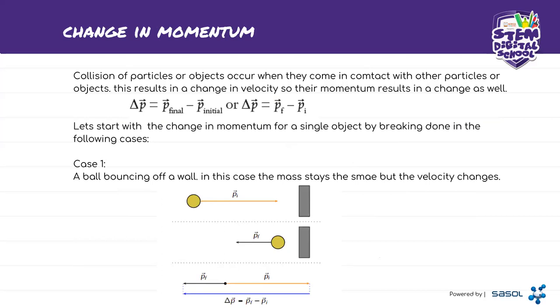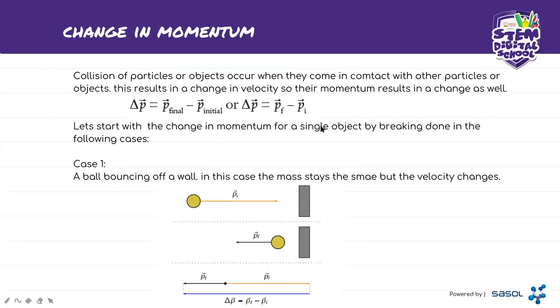So this is our equation for the change in momentum. The change in momentum is equal to the final momentum minus the initial momentum. So that will give us the change in momentum. Okay, I'm going to explain to you guys just now what it means.